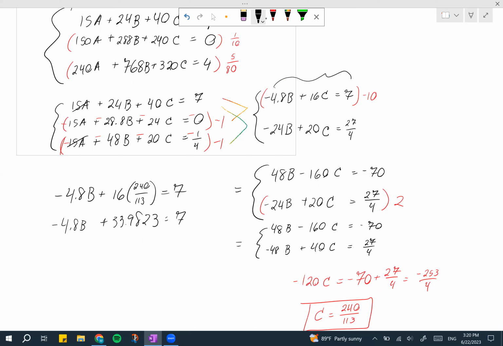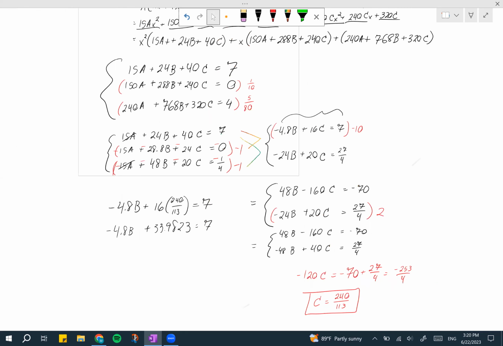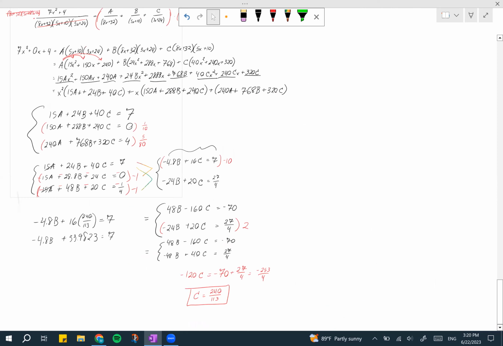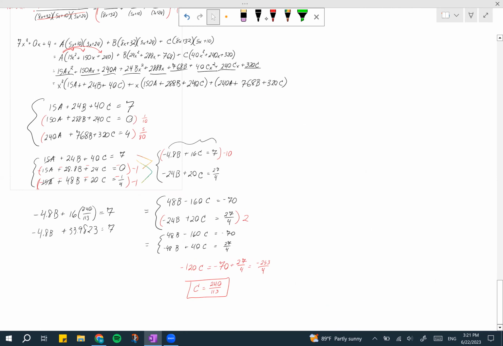I'm going to subtract that to the other side and divide by my negative 4.8. Give me just a second. Let me zoom out and look at my original equation. I'm going to pause the recording and then come back in.